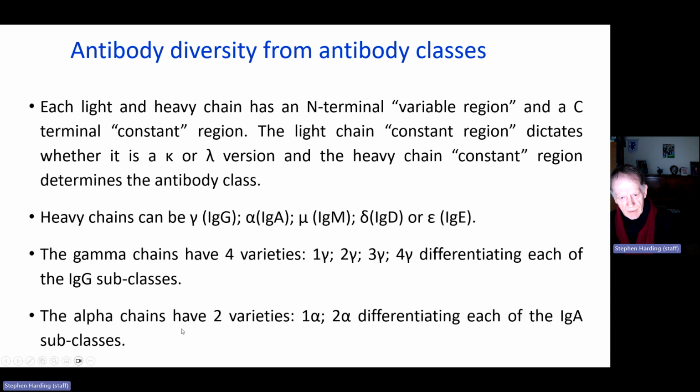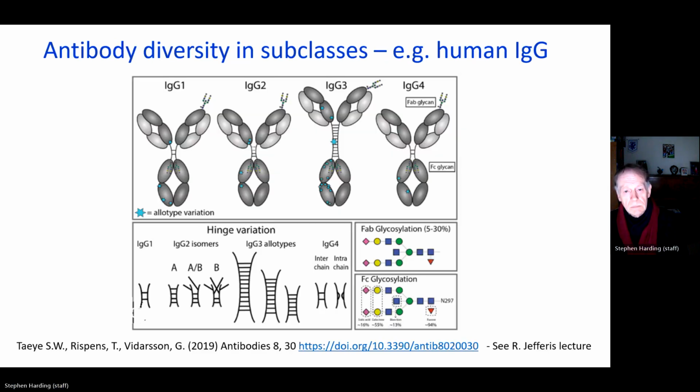The alpha chains have 2 varieties, 1 alpha and 2 alpha, differentiating each of the IgA subclasses. Again, this is this other Biddison reference, again worth looking at, and this link is given here.